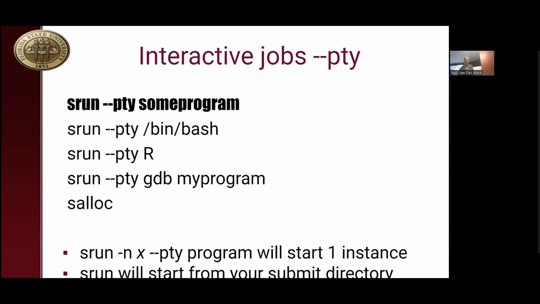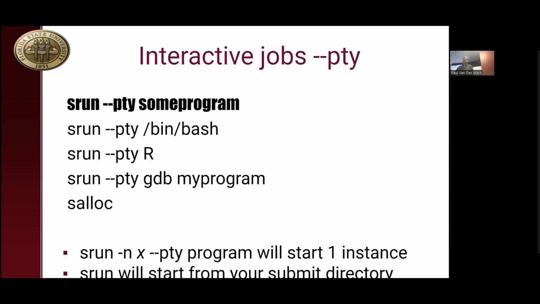There are some little weird tricks, like I said. srun can be confusing in the beginning, because if you use srun -n with a number of cores and then --pty program, it will start that program once. If you don't use --pty, it will start it X times. So for example, with the command hostname, which just prints the host name, if you do srun -n10 --pty hostname, it will print the host name of one node.